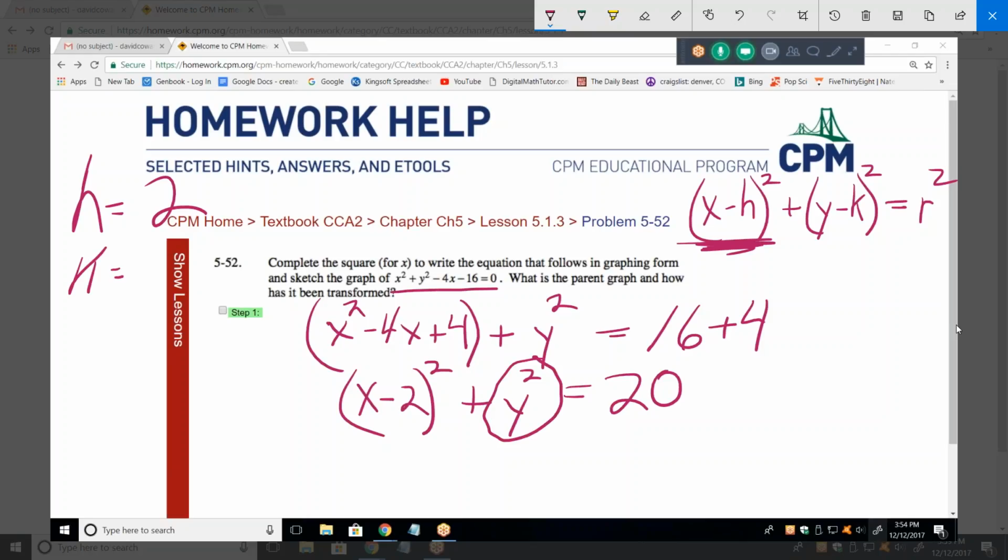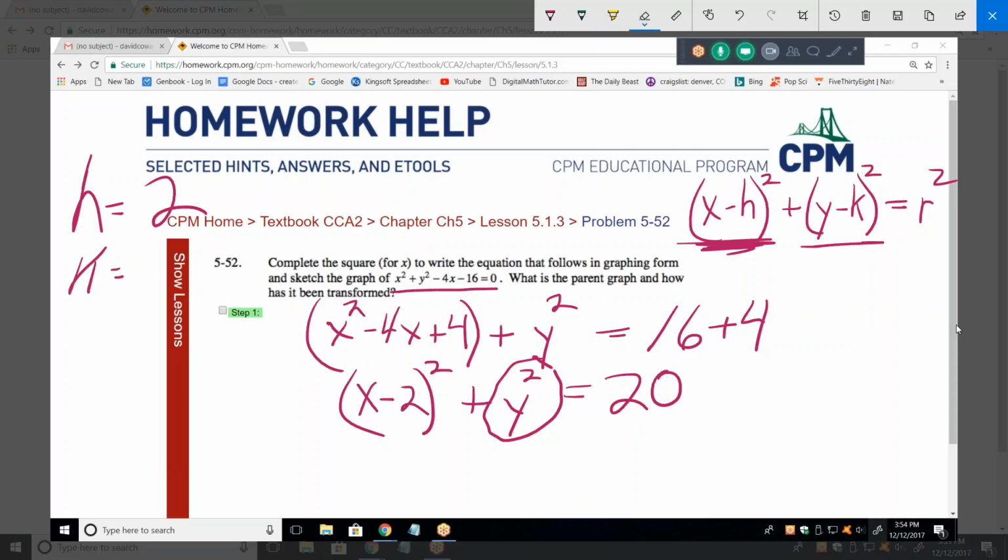What's k? Y squared. What's k? Well, that means k is 0. Right? There's no other y term. So k is 0, giving you y squared. So I don't have to complete the square for y.